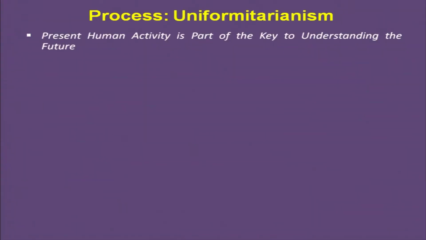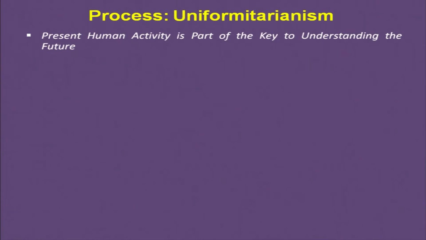Now further, present human activity is part of the key to understanding the future, because whatever anthropogenic activity is going on will decide the future. So if we alter something, the result will be different. As we were talking about the systems within the earth, if you alter one system, the other will be affected.